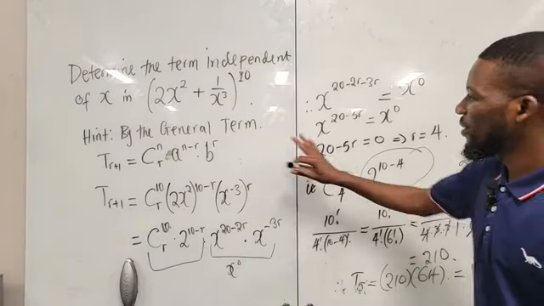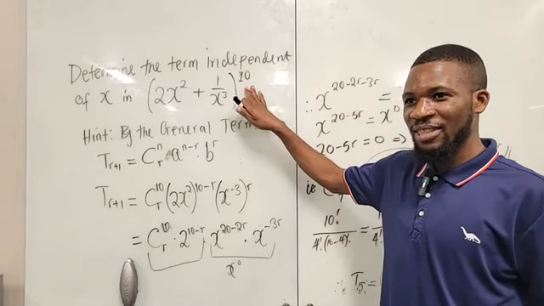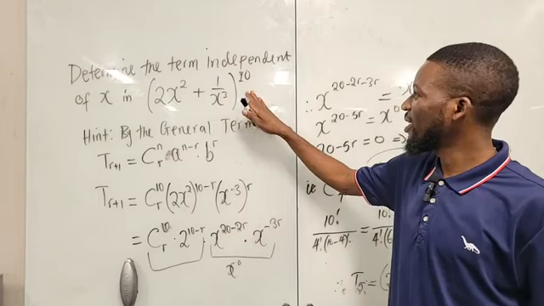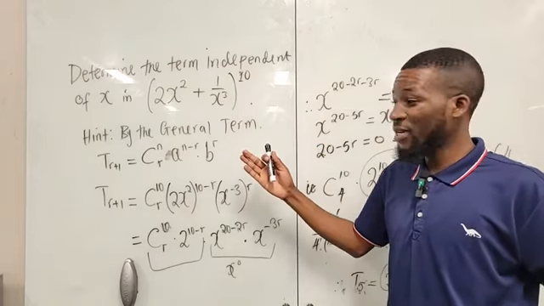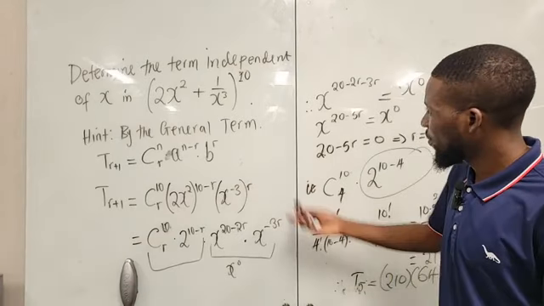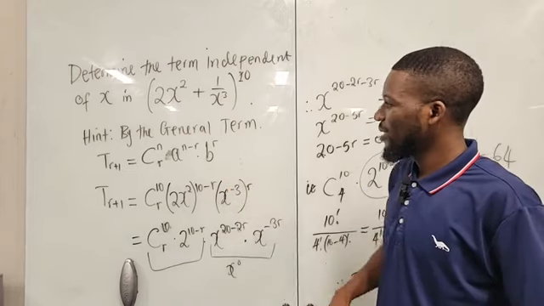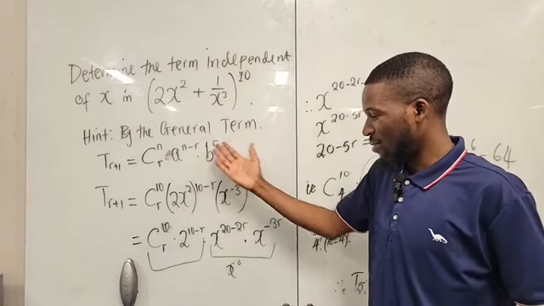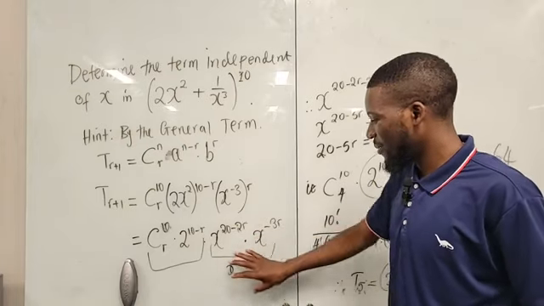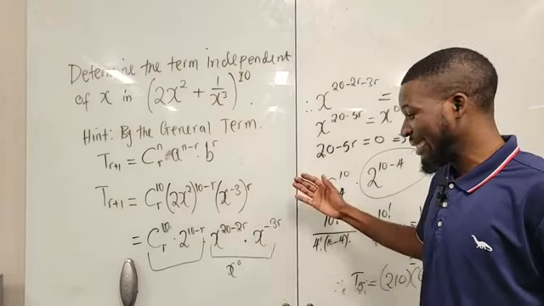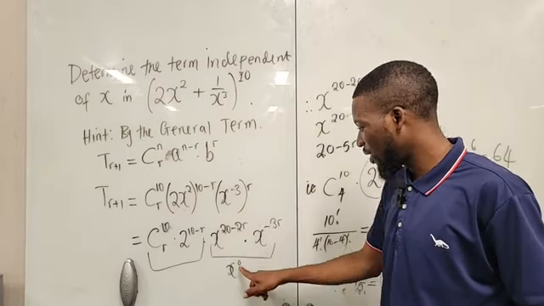So what is the hint? We use the general term formula, okay? Why did we not expand this binomial expansion? Because, you know, to the power 10 is a very, very long expansion. So we just use the shortcut, that is the general term formula, which is this one, okay? So you just put your n, simplify, bring all the terms that have x, then since it is independent of x, you are going to equate them to x to the power 0.